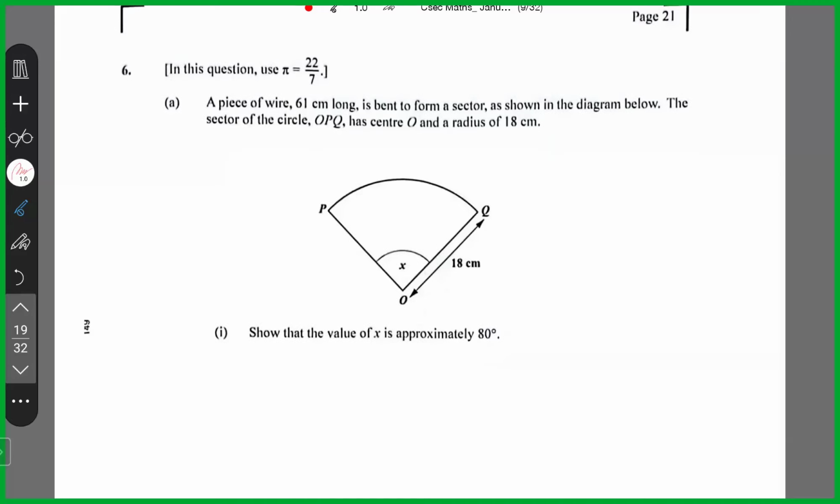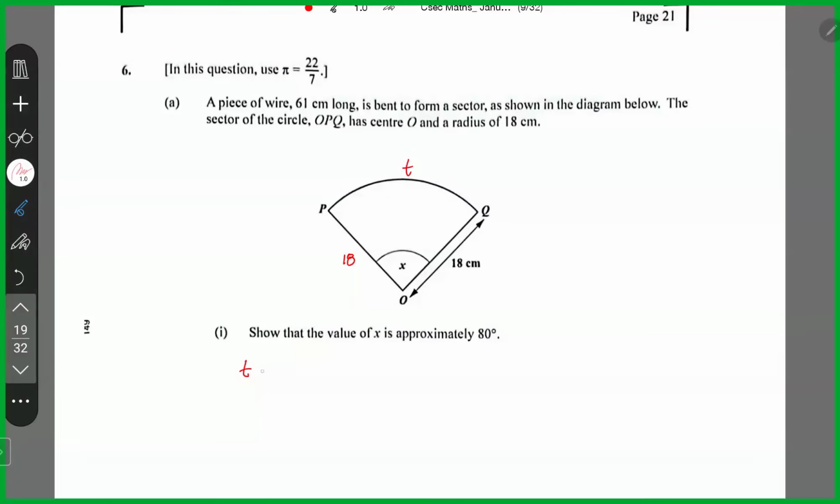All right, to do that, I'm going to need to know the length of this side. Let's call it R. No, let's not call it R. I don't want to confuse it with radius. Let's call it T. I need to know the length of that side. This side is 18, and we're told that the entire perimeter is 61.